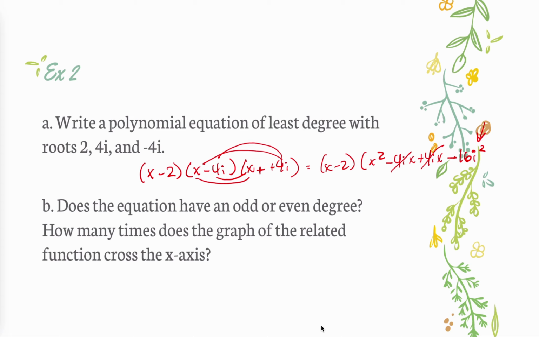But remember that i squared equals negative 1. So this is x minus 2 times x squared plus 16. Minus 1 times a negative 16 is a plus 16. And then we can FOIL this as well, and that's going to be x cubed minus 2x squared plus 16x minus 32.